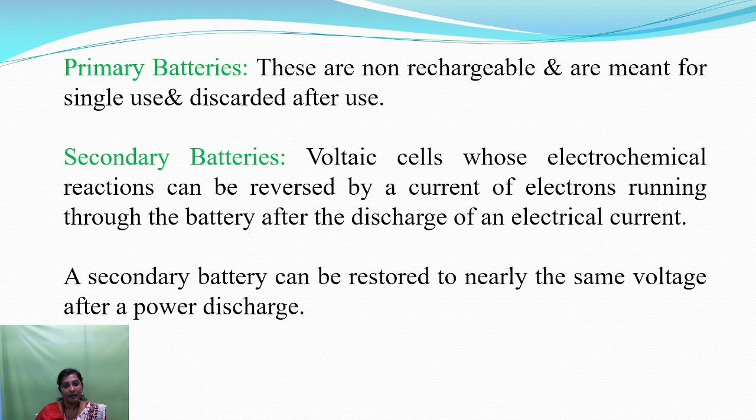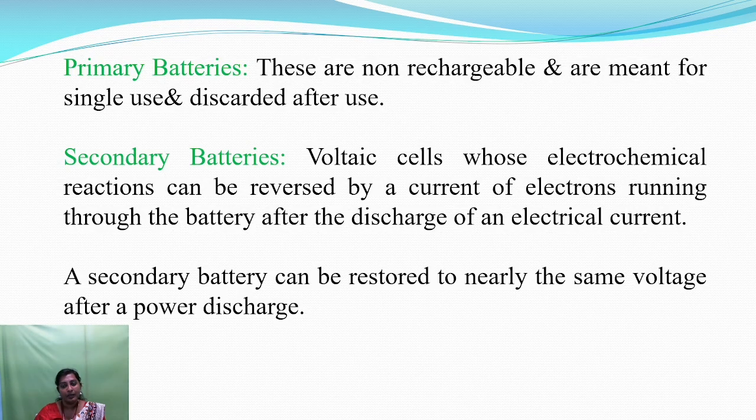Primary batteries are non-rechargeable, for single use or discarded after use. A secondary battery is a voltaic cell whose electrochemical reaction can be reversed by a current of electrons running through the battery after the discharge of an electrical current. The secondary battery is restored to nearly the same voltage after the power discharge.